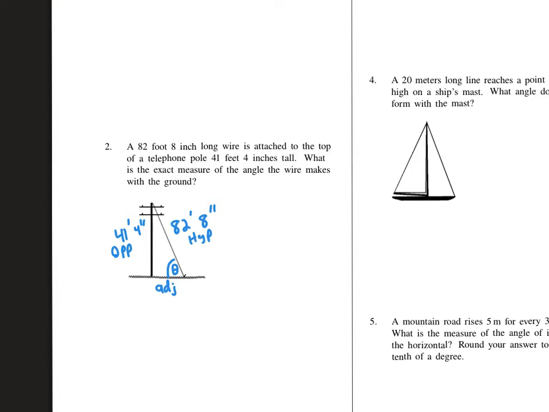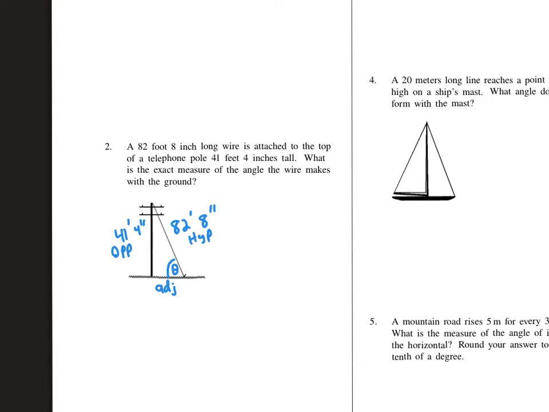Let's just convert these into inches. Now there's going to be a lot of inches, but then we won't have to worry about the difference between feet and inches. And when we solve it, our answer is going to be in degrees anyways, so whether it's feet or inches doesn't really matter. So 41 feet, 41 times 12, is 492 inches. Add to that the 4 inches, and you get 496.